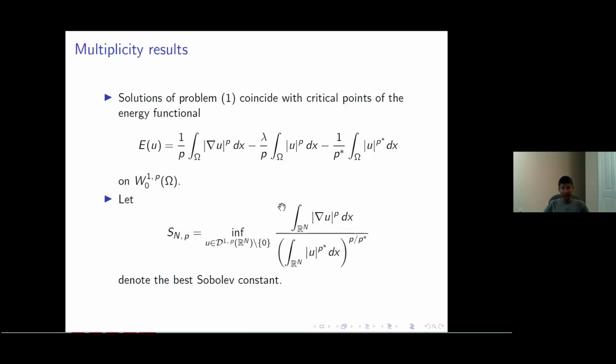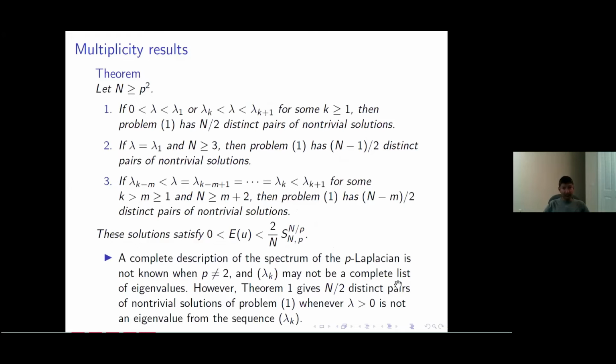This is the best constant for the embedding of W^{1,p}_0 of omega in L^{p*} of omega. With this notation, now I can state our main results. Here's our first multiplicity result.